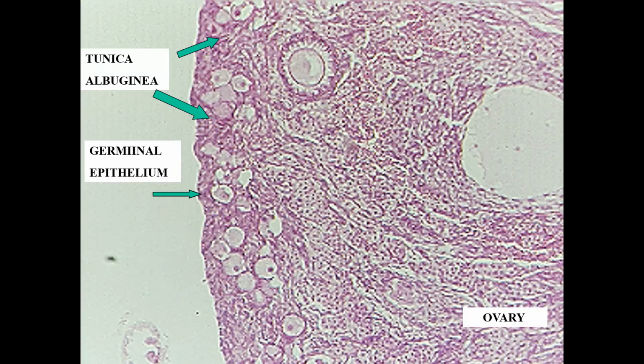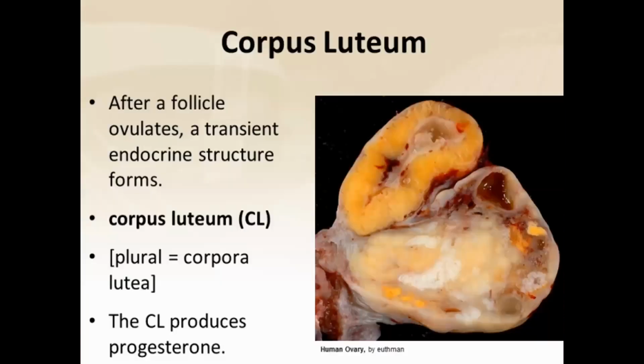Now, we may have 4,000 or 5,000 eggs brought ready to be released, but only one gets released each month. Okay. And these are all immature cells here that may or may not reach maturity. Okay. There's the corpus luteum.